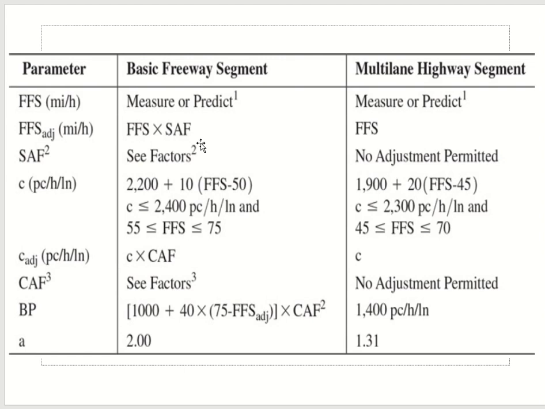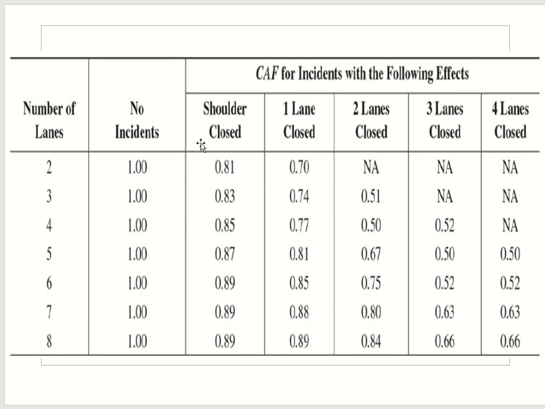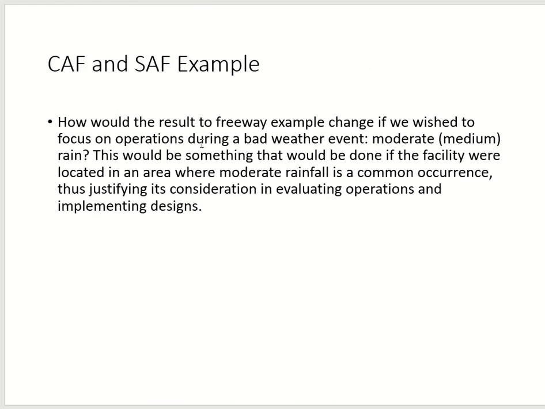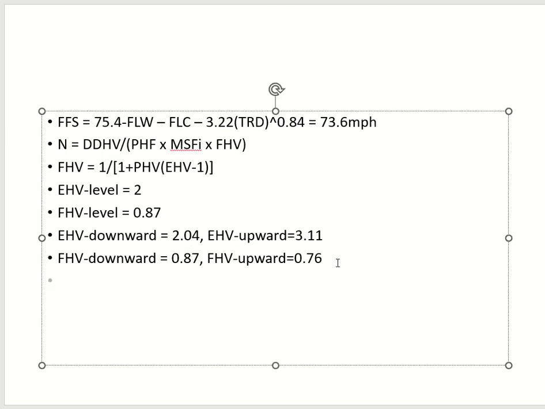Free flow speed was 73.8, right? Okay, so the breakpoint is 1056 passenger car per hour per lane.